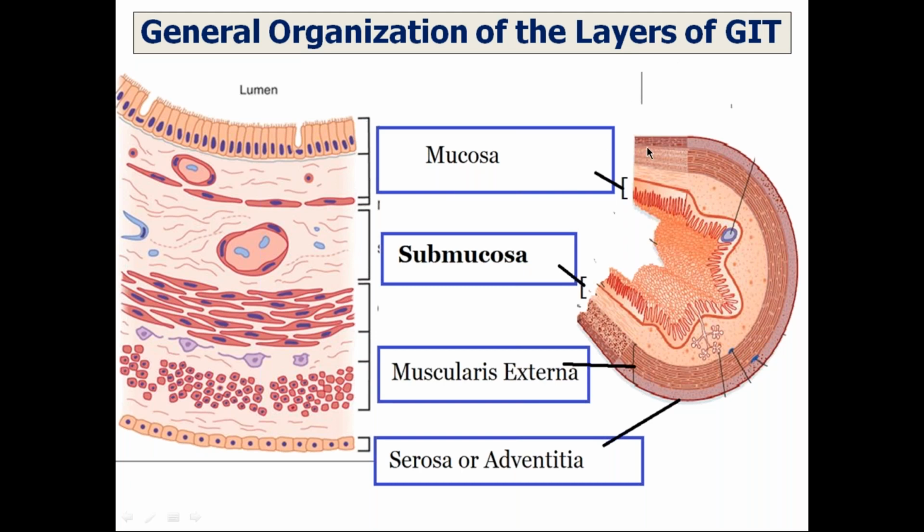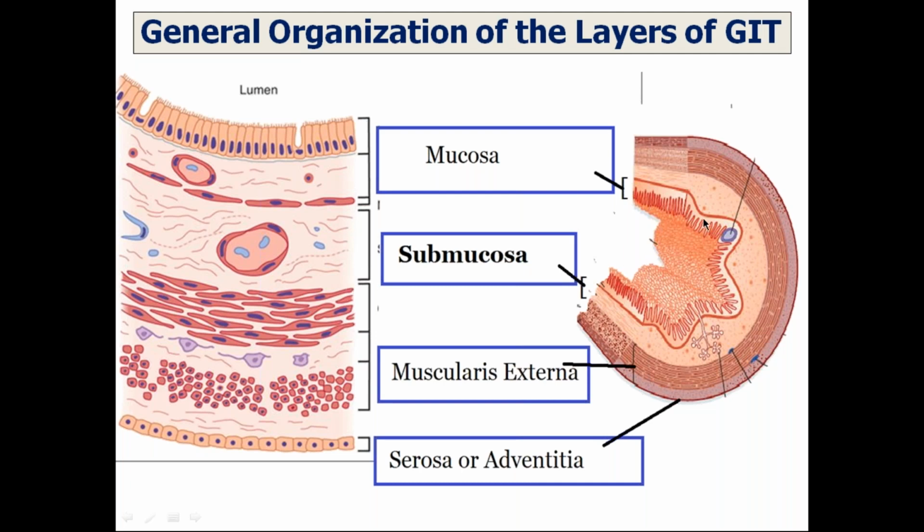Okay. So as you can see, this is the GI lumen. Here you have 4 layers. The lumen is the hollow cavity. The innermost layer is the mucosa. Here you can see in the cross section the layers which represent the mucosa. Outer to the mucosa you have the submucosa.